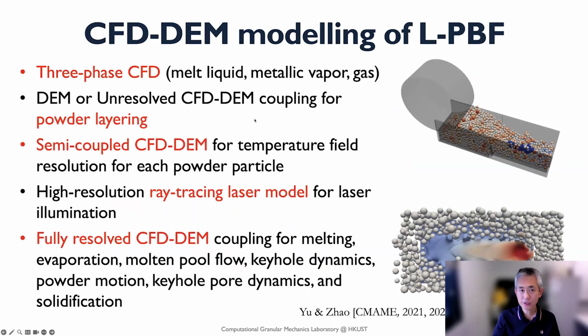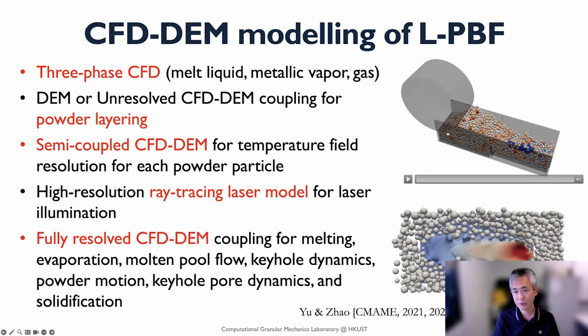And we consider a three-phase CFD simulation here. Three-phase means that the melt liquid is basically the liquid phase, and also we consider metallic vapor and also the ambient gas. So we have two phases of gas phase and one phase of this liquid phase here. Okay. And for the powder layering process, we can only use pure DEM, and we simulate the roller.